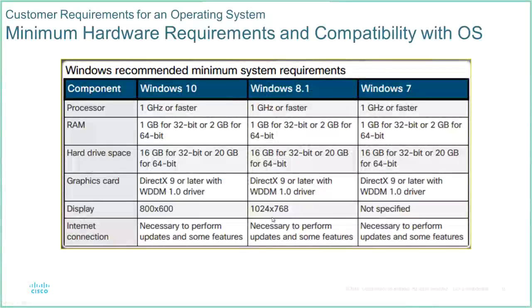At Windows 8, they seem to have fixated on 1024 by 768 as a minimum, which really didn't make sense. So things to take into account is 1 gig of RAM for 32-bit and 2 gig for 64. These are the absolute minimum requirements.